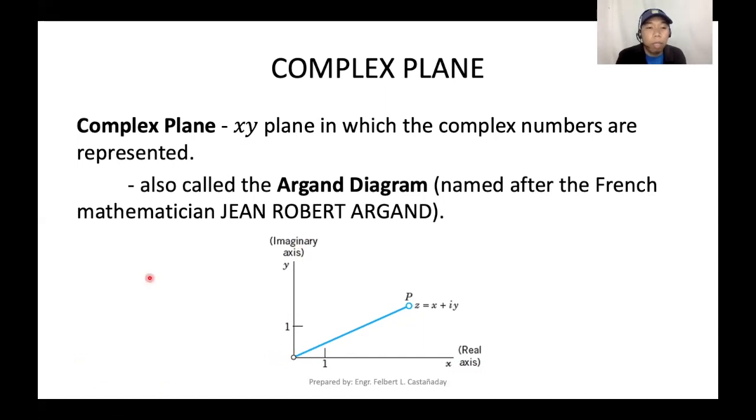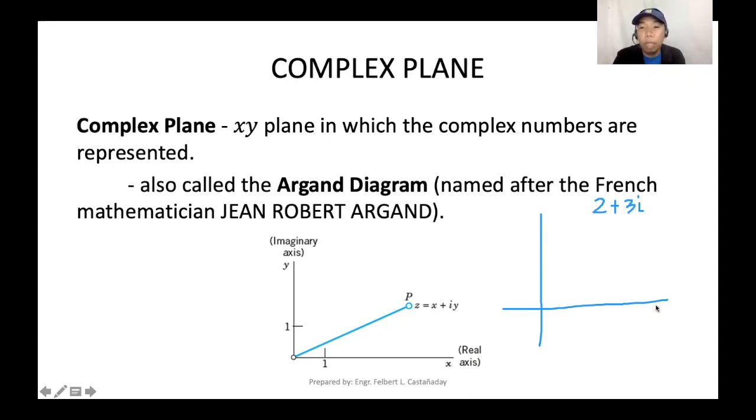Okay, let me give you another illustration for this. Let me just get a pen so that I can show you an example to represent the complex number in the complex plane. Say for instance, I have 2 plus 3i. Remember that 2 is the real part and 3i is the imaginary part.